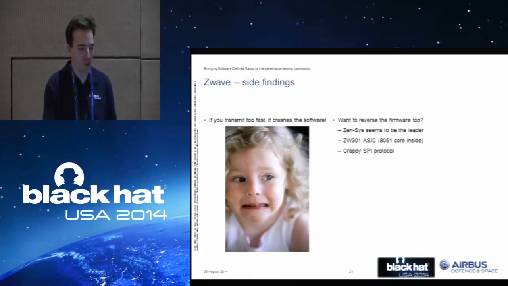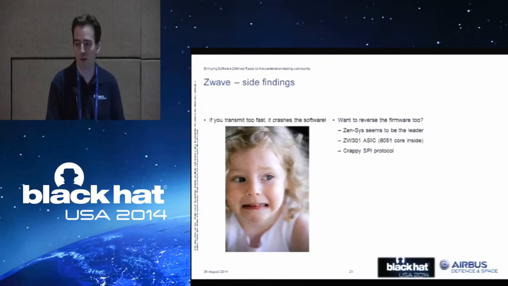And at some point, we wanted to reverse the firmware too, about the ASIC. The devices we were using relied on Zensys ASICs, the ZW301 ASIC more specifically. Zensys seems to be the leader providing ASICs for Z-Wave, since it's the company that brought the Z-Wave protocol.